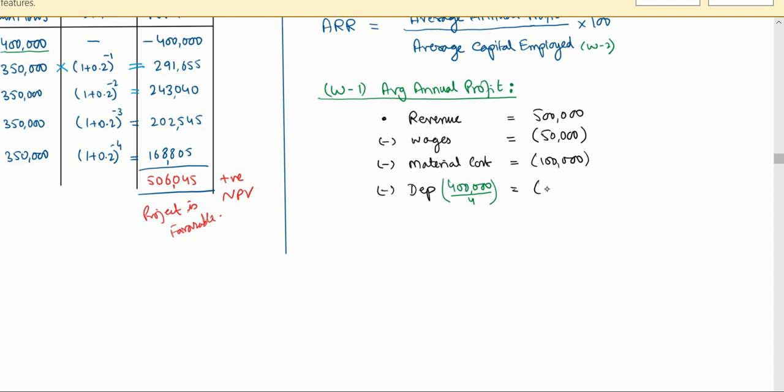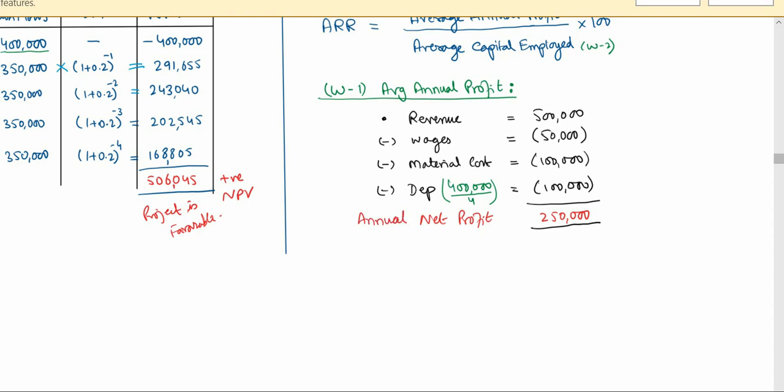So revenue minus cost is the net profit. That is 250,000.